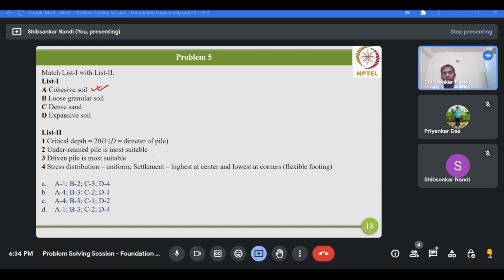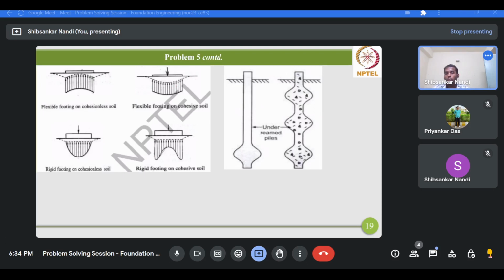Why? Because if you observe the stress and settlement distribution beneath the footing, it depends on the type of soil and the rigidity of the footing. The footing can be rigid or flexible, and the soil can be cohesionless or cohesive.